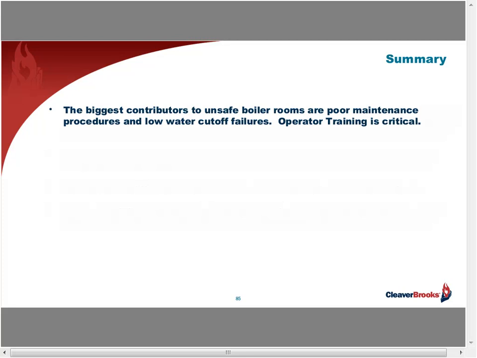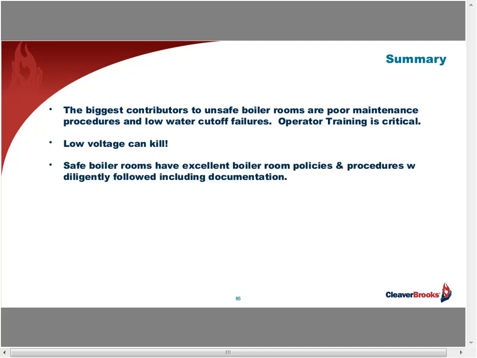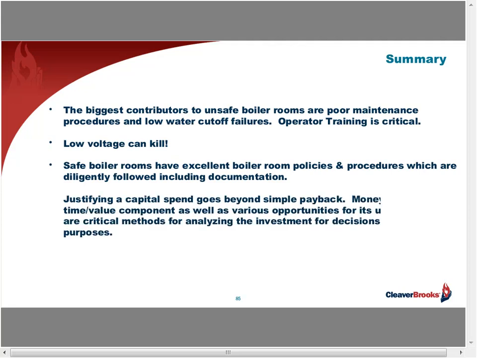Safety is safety, reliability is reliability, and efficiency savings are efficiency savings. Low voltage can kill. Don't take it lightly. Safe boiler rooms have excellent boiler room policies and procedures which are diligently followed, including documentation.